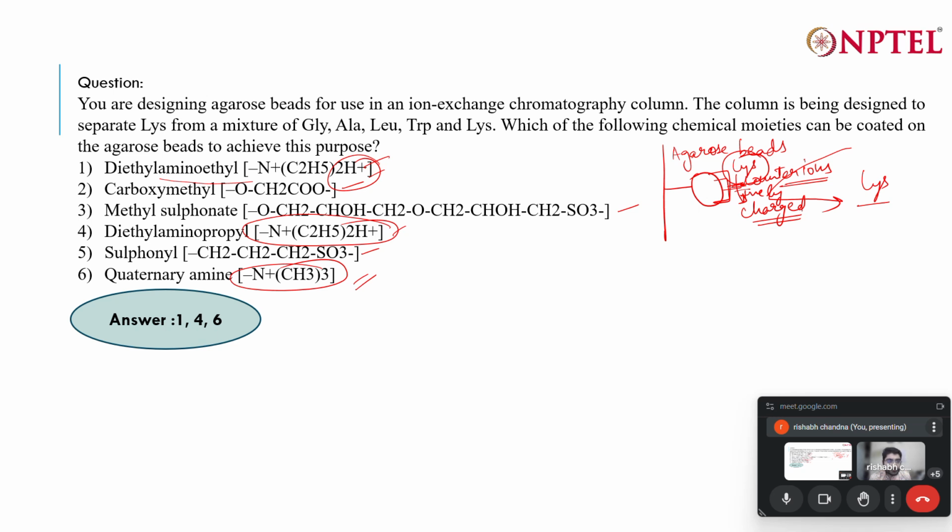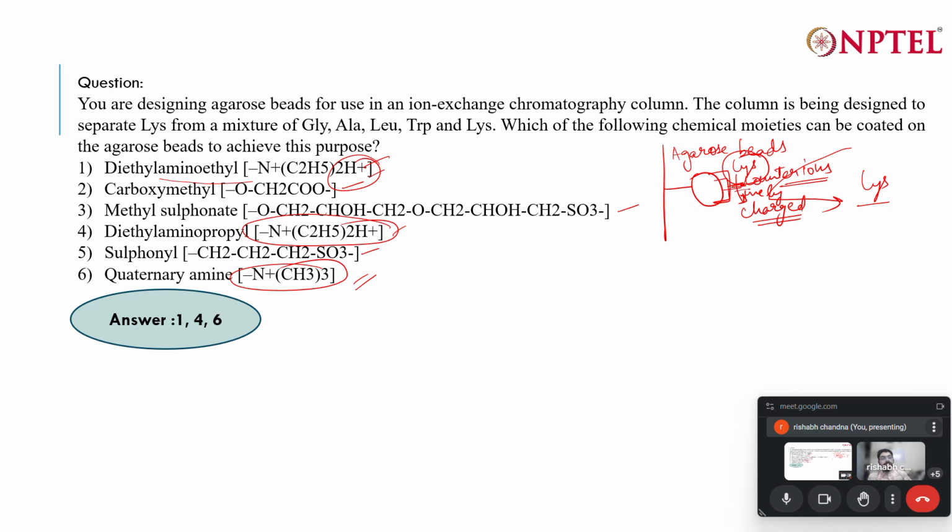Yes. But I didn't get why the counter ion charge should be opposite, in relation to the attraction or the repulsion of the separating molecule.